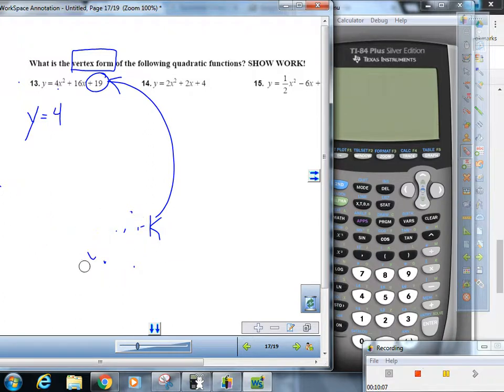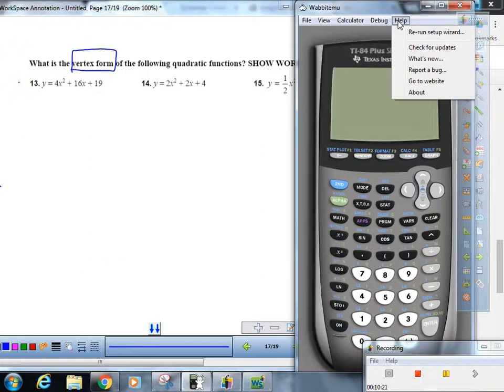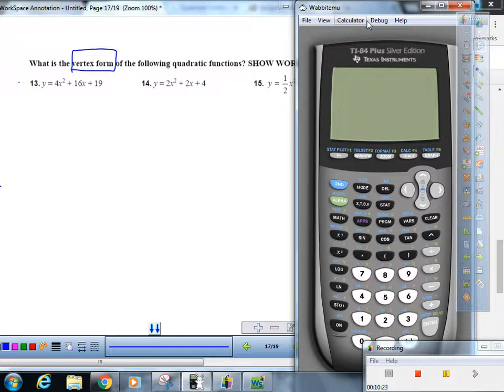So, I'm sorry. Let me start over, and let's just use our graphing calculator. Let's become experts at using this thing. So once again, we're going to graph this.